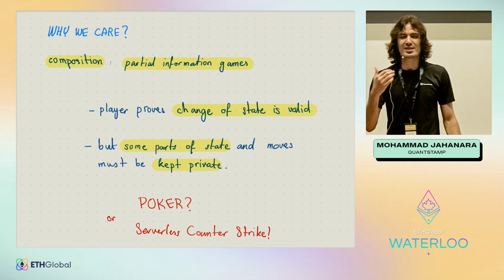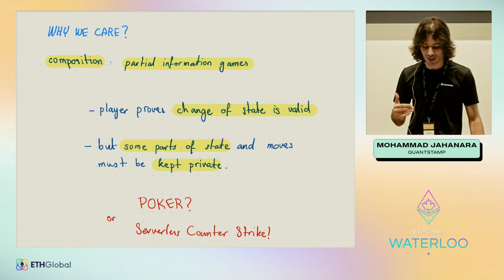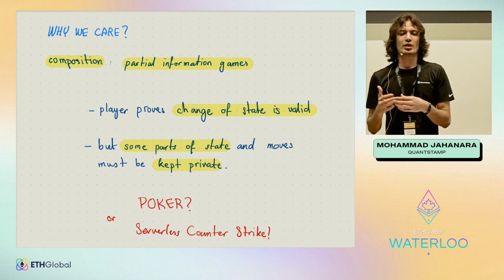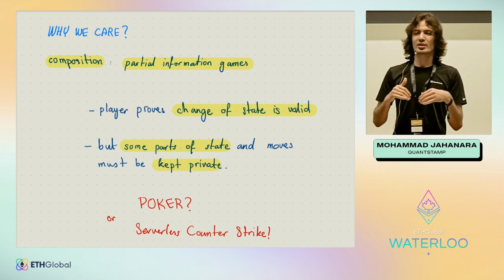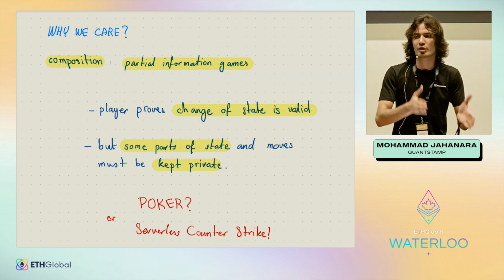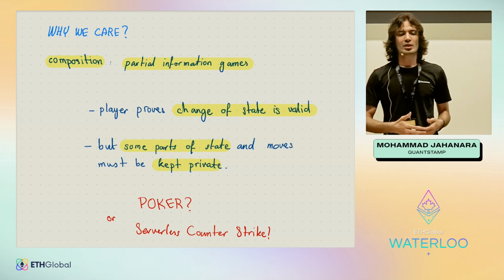When we are implementing these games in a decentralized fashion, it gets tricky really quick because we want to enforce that players change the state of the game correctly. Like if we are implementing Counter-Strike in a decentralized fashion, you don't want to let me jump from one place in the map to another place. You want to make sure I'm taking steps, right?